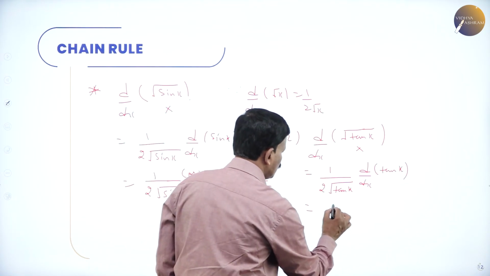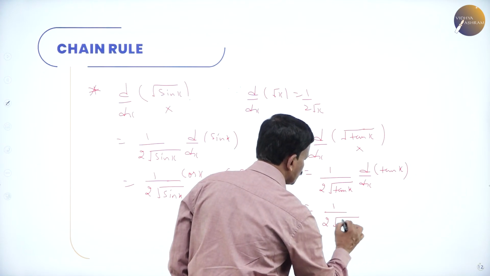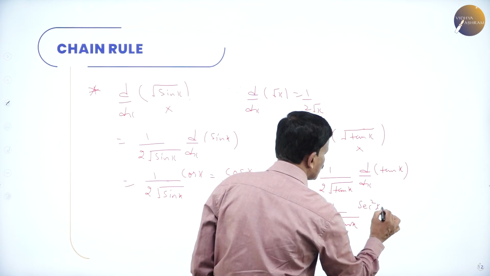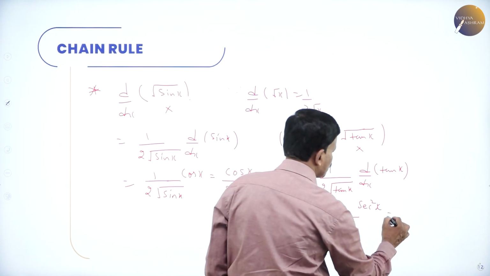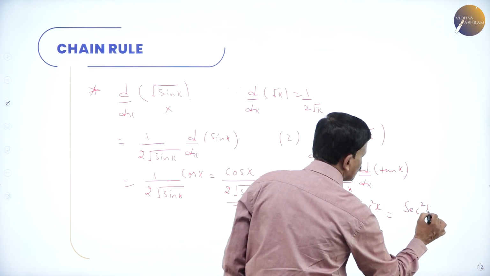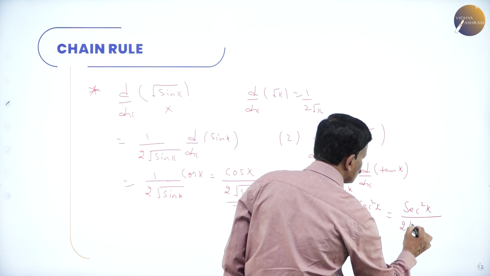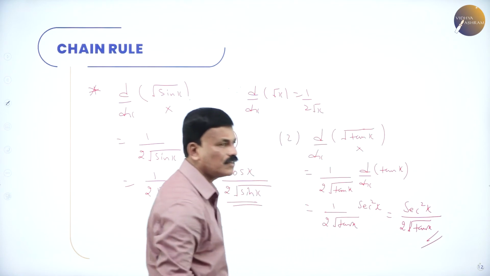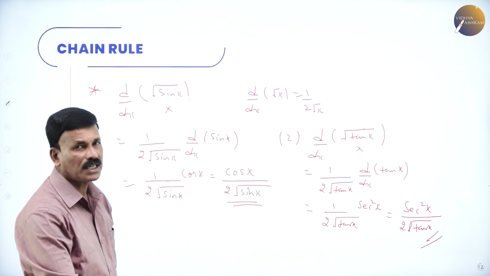This is equal to 1 over 2 root tan x into differentiation of tan x, which is secant square x. So the simplified answer is secant square x divided by 2 times root of tan x. This is the derivative of root of tan x.